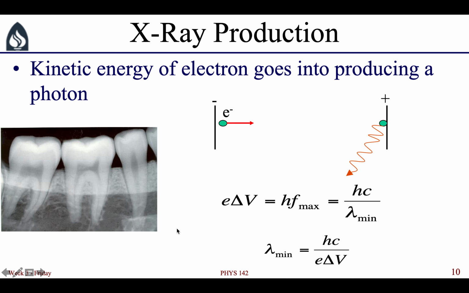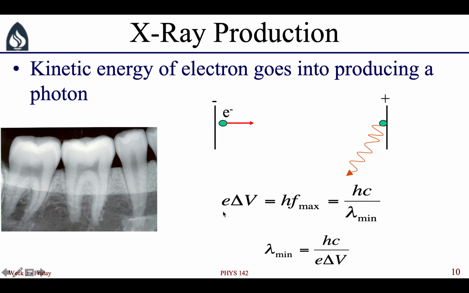Then you have a potential difference, and that potential difference is very high, and so the electrons zoom from the negatively charged surface where they leave that filament to a positively charged surface, and they're moving very fast by the time they reach it. Once there, they slam into the atoms of the positively charged surface, and their kinetic energy gets turned into a photon. So that means we can calculate what the wavelength of this photon must be.